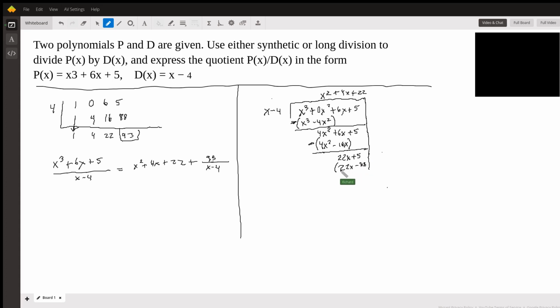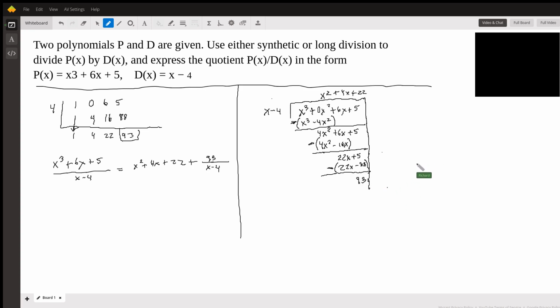And we're going to subtract that all the way through there. So 22x minus 22x is 0, and 5 minus negative 88 becomes positive 88, and that becomes a 93. Remainder.